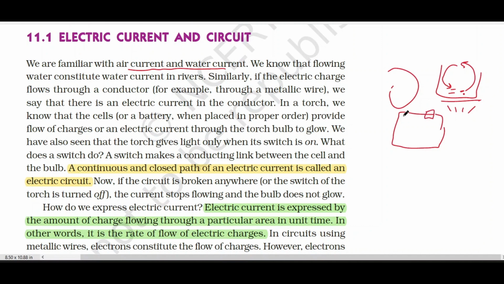In our houses we all have switches. हमारे सबके घर में एक एक switch होता है. जब हम उसको on करते हैं, when we switch it on, the appliance starts working. अब वो switch कुछ भी हो सकता है. It can be of a fan, it can be of a microwave, it can be of a TV. तो जब आप switch on करते हैं तो आपका appliance चल पड़ता है. Similarly, अगर आपके पास torch होगी आपके मोबाइल में या बैटरी वाली टॉर्च, आप उसको अगर ऑन करेंगे तो वो टॉर्च ऑन हो जाती है.